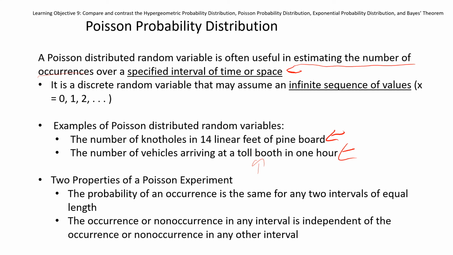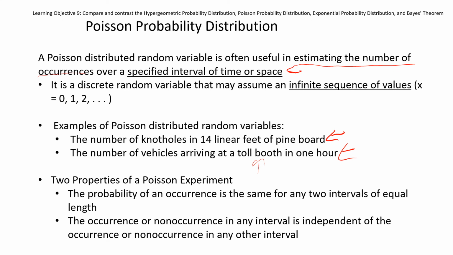But let's say we were looking at a specific period of time, and we know that, let's say, between 2 and 3 p.m. every day, a specified number of vehicles arrive in 1 hour. On any given day between 2 and 3 p.m., how many should we expect? So the probability of occurrence is the same for any two intervals of equal length. As long as, again, we control for things like weekends.